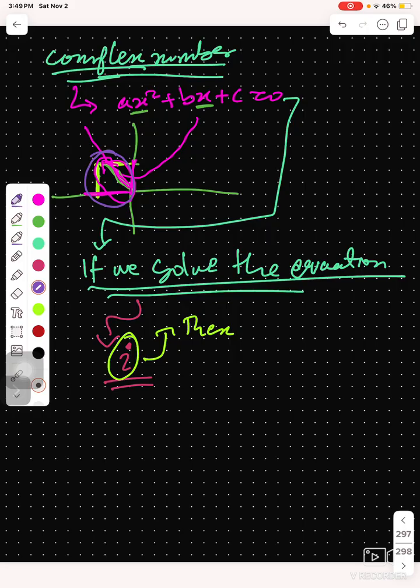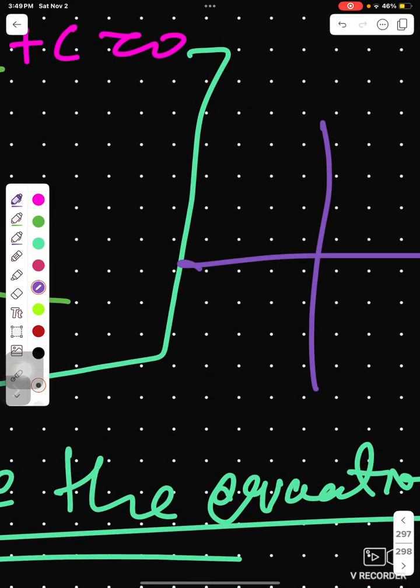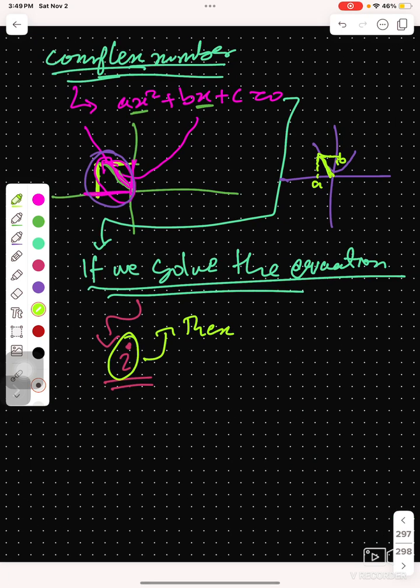So it would look like this over here. And the same goes for other graphs as well. If it's a quadratic that doesn't touch the x-axis, this is how it would look.